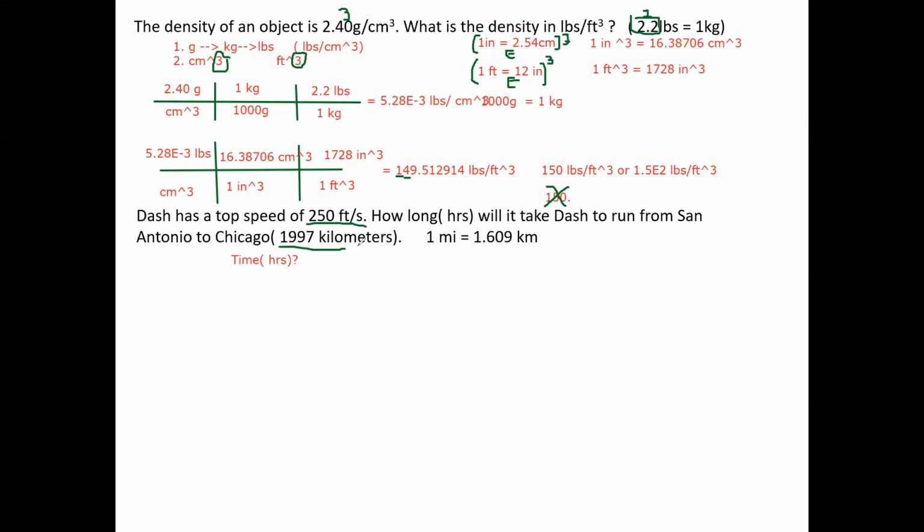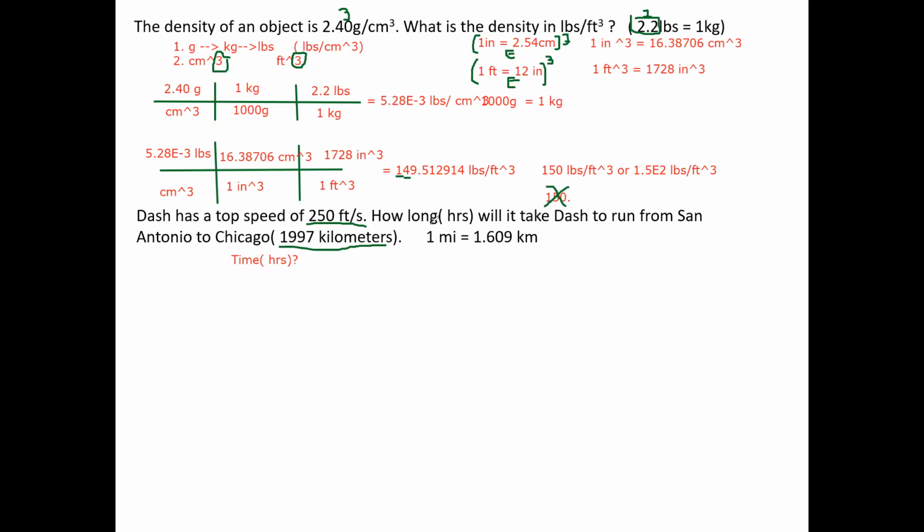And we're given the distance from San Antonio to Chicago, which is 1,997 kilometers. And again, there's many different ways you can go about solving this problem. I'm going to choose one way, but if you do it a different way, get the same answer, it's all good.